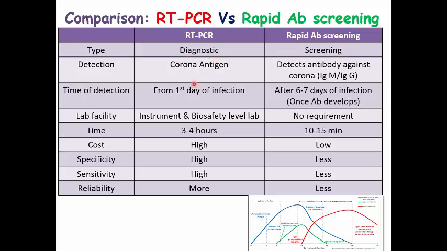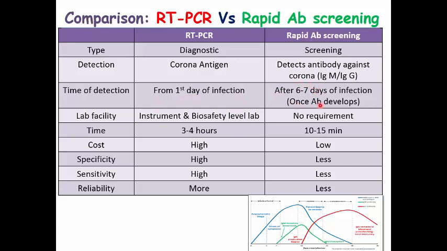RT-PCR detects the antigen, mainly antigen N and antigen E. Rapid screening detects the antibody, that is IgM and IgG, against the coronavirus. RT-PCR can detect the antigen from the first day of the infection, whether the patient is symptomatic or asymptomatic.